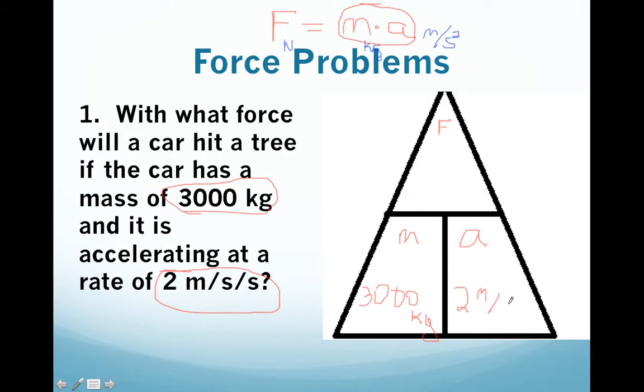Side by side we're going to multiply. So using your calculators, we multiply 3,000 times 2, and you get 6,000. A force is measured in newtons. So there's your answer, 6,000 newtons.